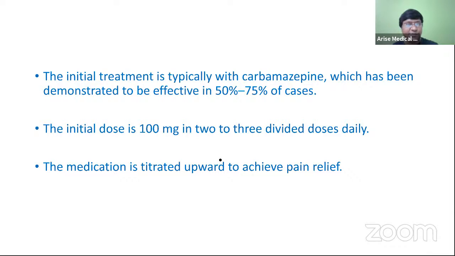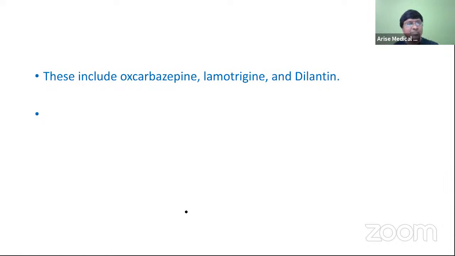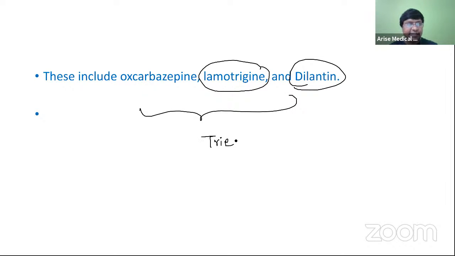The next drug to give is oxcarbazepine. Apart from oxcarbazepine, the other drugs that can be given are lamotrigine and dilantin. These drugs can be tried for the treatment of trigeminal neuralgia.